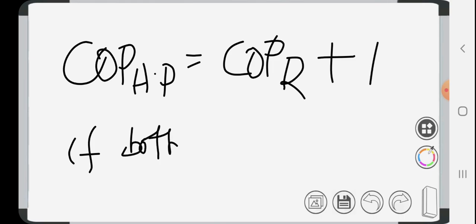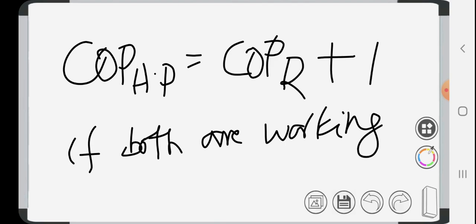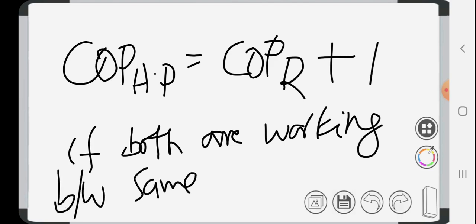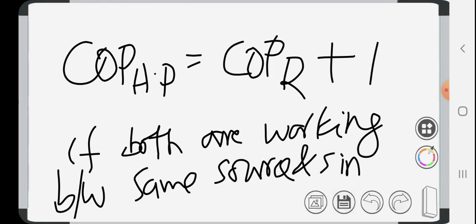if both are working between the same source and sink temperature. This is very important. This is only applicable when the range of temperature in which both the refrigerator and heat pump are working is the same.